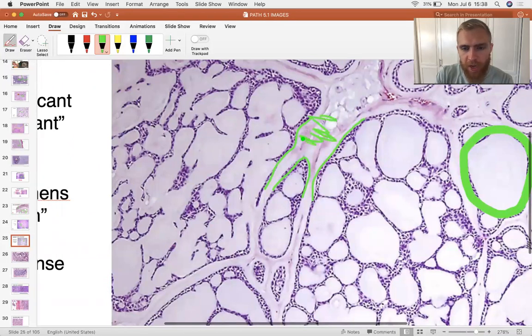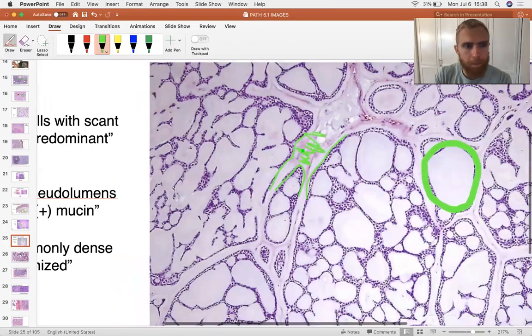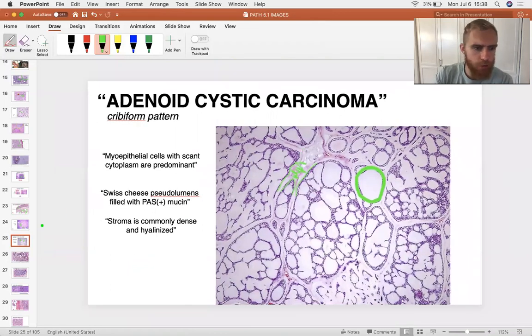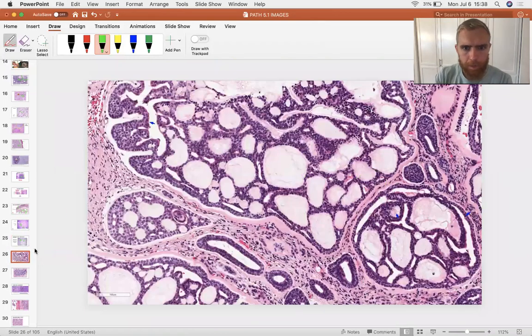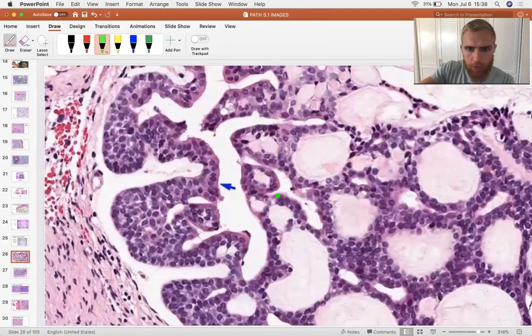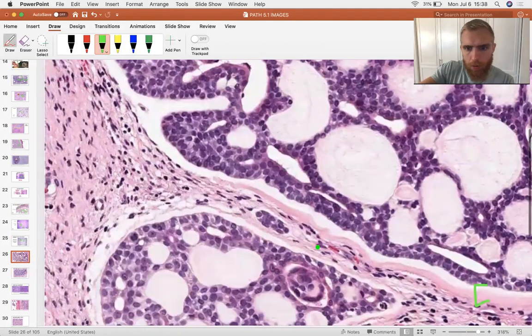Everything in between the epithelial portion of this cancer, that's the stroma. It's really hyalinized here. Like you can tell there's a strip right there, that anuclear strip. Right there, there's like no cells in that area.